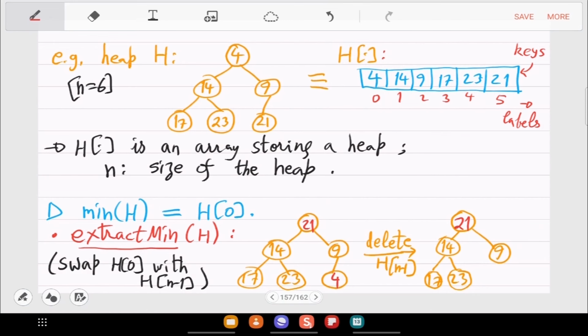But what is the problem? The problem is that the heap axiom is violated already at the root, right? Because 21 is not smaller than the children. So for that, what should you do? You pick the min child and swap with that.